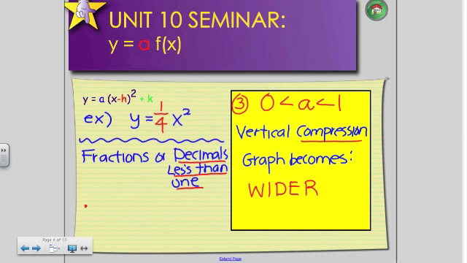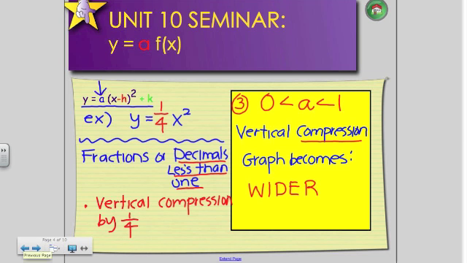This would be a vertical compression by 1 over 4, 1/4. Vertical compression by 1/4.